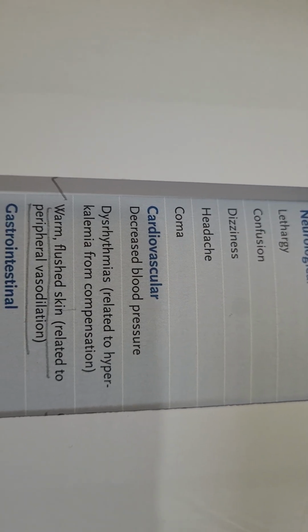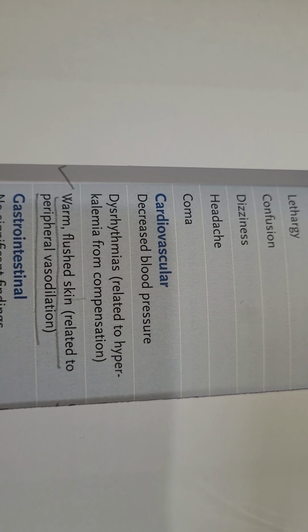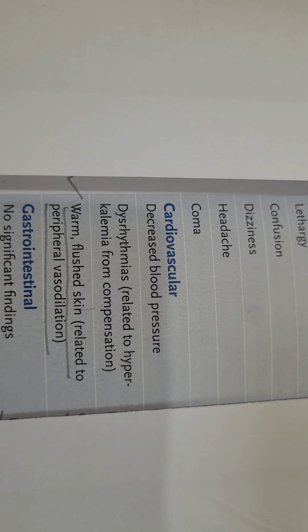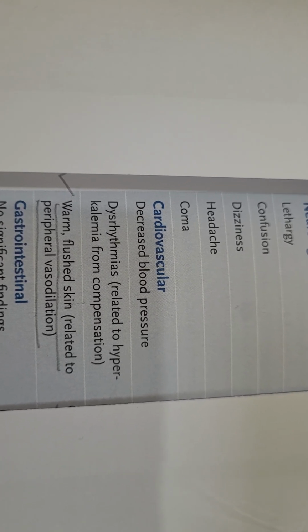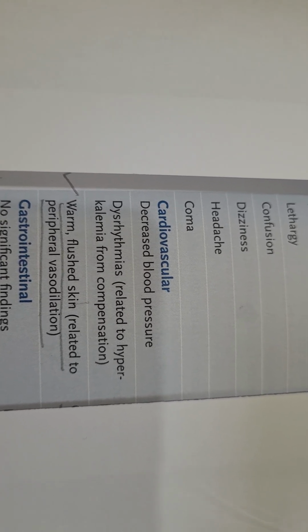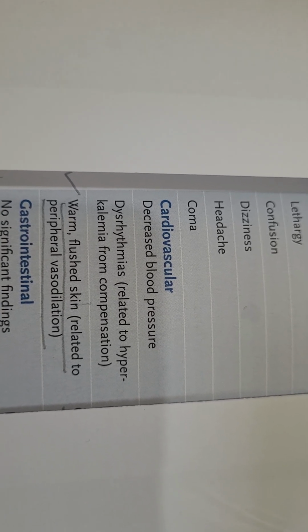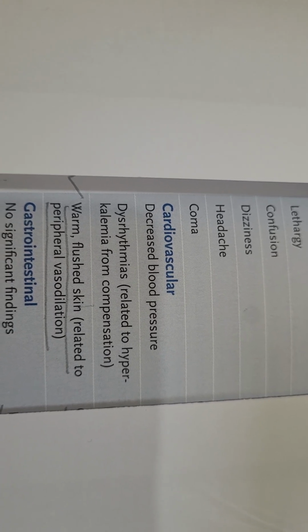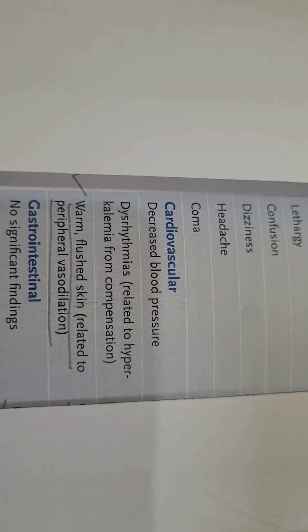In the cardiovascular system, the patient has decreased blood pressure, hypotension, and dysrhythmias, which I told you are related to hyperkalemia. So always check the patient's electrolytes whenever the patient is complaining of these symptoms. So check the potassium level. Dysrhythmias can create a high risk, life threatening situation if we do not treat them in time.